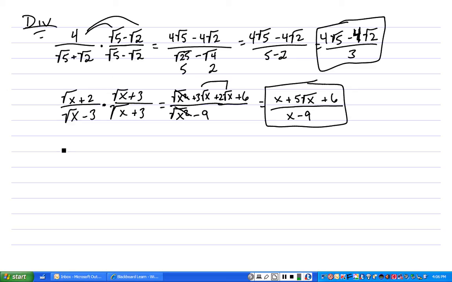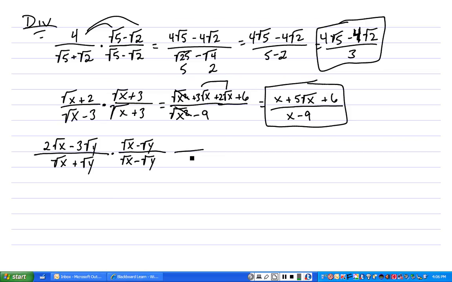Let's say we have 2 square root of x minus 3 square root of y over square root of x plus square root of y. Binomial denominator, so we use the conjugate. So square root of x minus square root of y, square root of x minus square root of y.